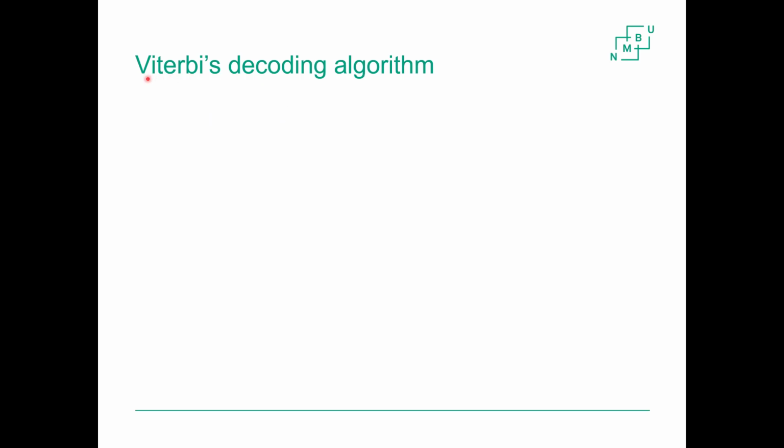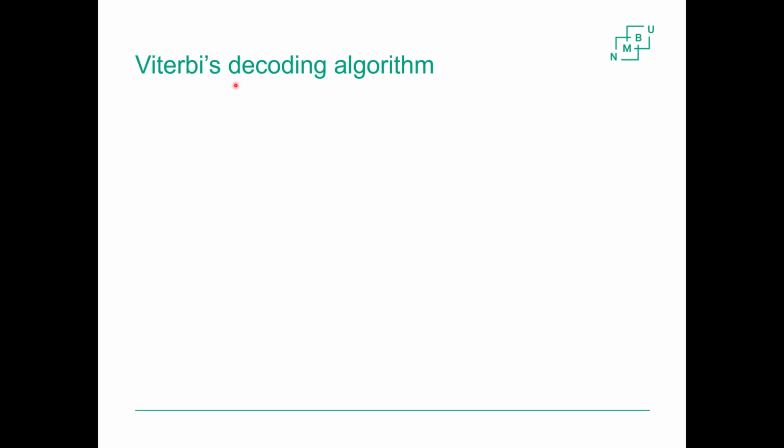And the very first thing I should say is that if you Google the Viterbi algorithm, you will probably find a very general description of it that can be used for any hidden Markov model. The version I will describe here is specially designed for profile hidden Markov models.